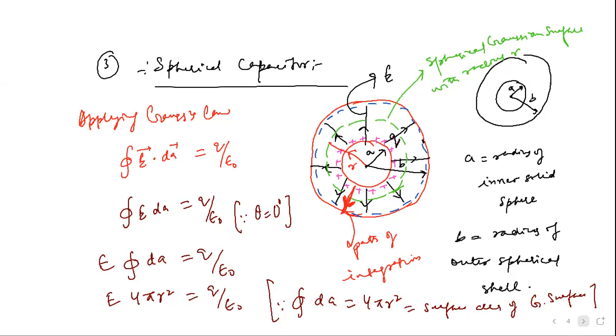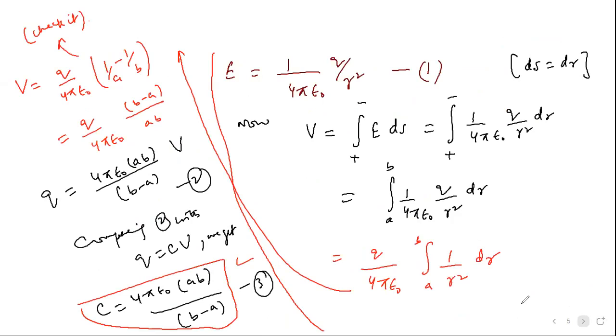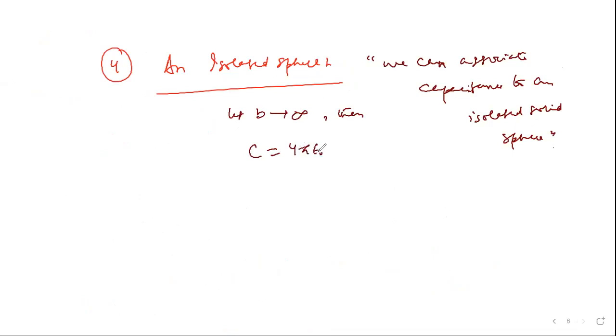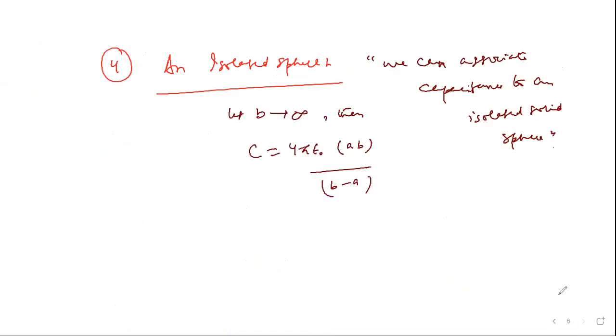If we do that, let B tend to infinity. Then I write this equation first: C equal to 4 pi epsilon naught AB by B minus A. So if B tends to infinity, that means B is very large compared to A. In this denominator, A can be neglected, and B will cancel out.